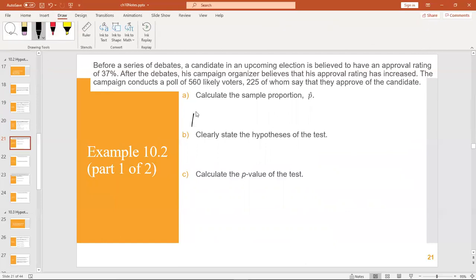P hat is just the number of people who said yes out of the total number of people surveyed. So that's 225 out of 560. Let's see what that is. 225 divided by 560 is 0.4018.